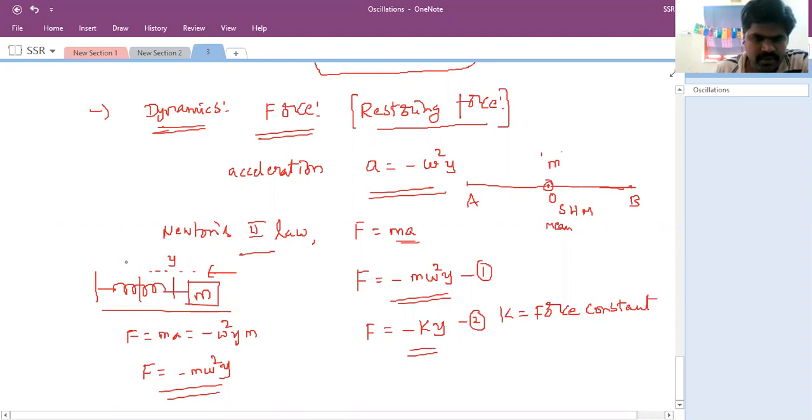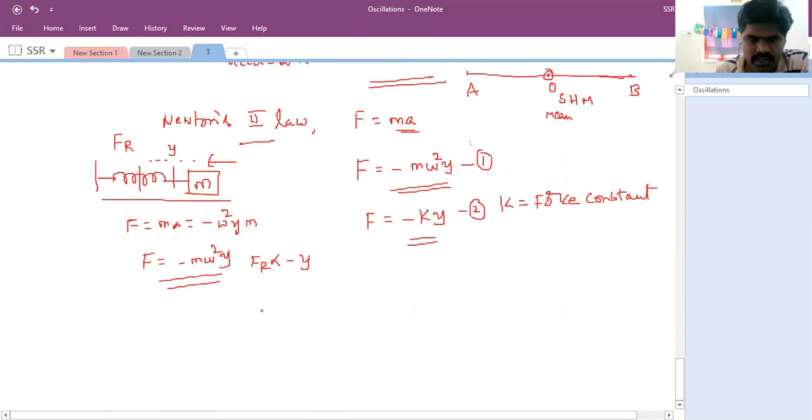That restoring force is directly proportional to the negative displacement, F proportional to minus y. From this you can write F restoring is equal to minus ky, where k is called force constant.